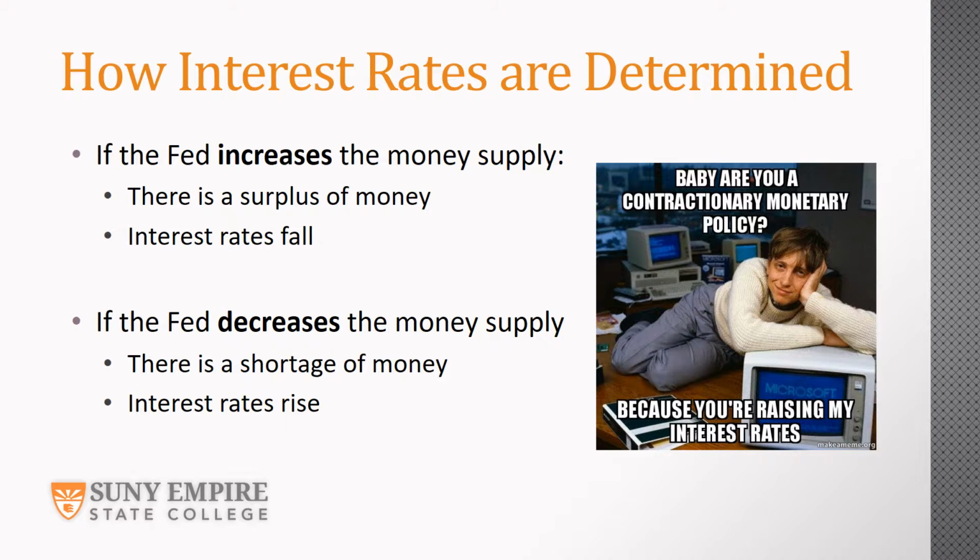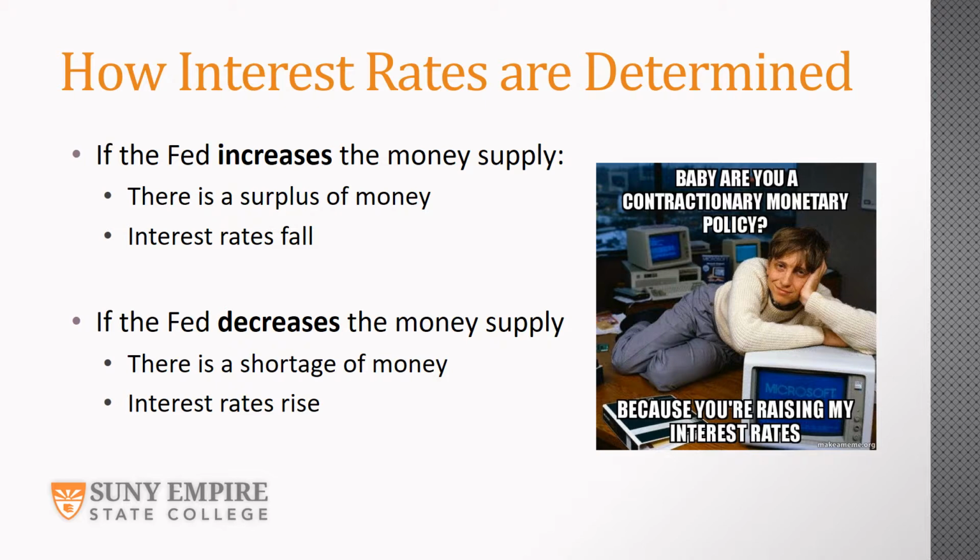The Fed increasing the money supply creates a surplus of money. Because there is extra money for lending, banks cannot charge as high an interest rate to lend their non-reserve funds. Therefore, interest rates fall when the Fed increases the money supply. The exact opposite happens if the Fed decreases the money supply.